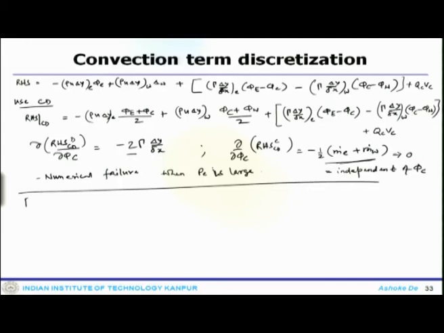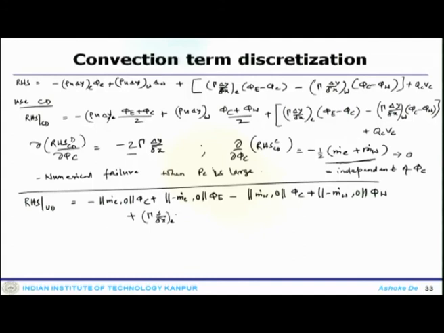So, the right hand side for the upwind scheme will be minus m dot E 0 phi c plus minus m dot E 0 phi e, minus m dot W 0 phi c plus minus m dot W 0 phi W, plus gamma by del x E (phi e minus phi c) minus gamma by del x W (phi c minus phi W), plus q c.